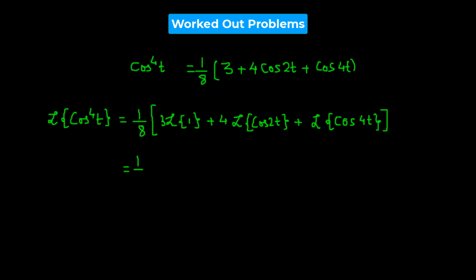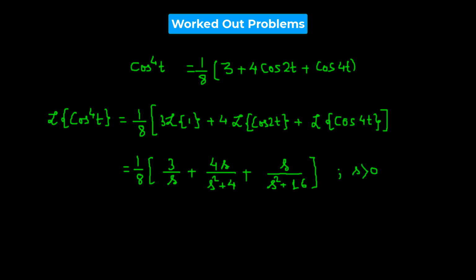So that gives us 1 over 8 multiplied by 3 times the Laplace transform of 1, as 3 over s, plus 4 times the Laplace transform of cosine of 2t, so that will be 4s divided by s squared plus 2 squared, so 2 squared is 4, plus the Laplace transform of cosine of 4t, so that will be s divided by s squared plus 4 squared, so that is 16. So this is the required Laplace transform, and this is going to be valid for all values of s greater than 0.